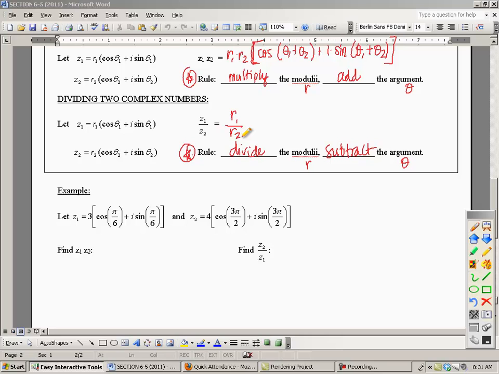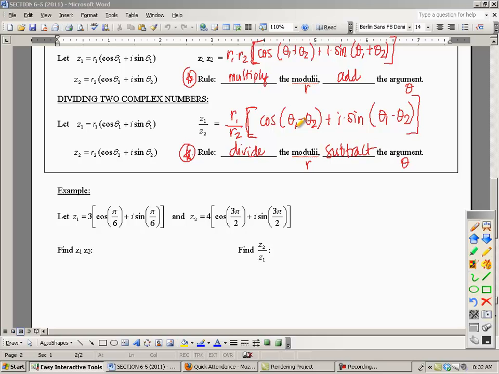R1 divided by R2, brackets again, sorry, cosine of theta 1 minus theta 2 plus I times the sine of theta 1 minus theta 2, and we close our brackets. Now again, take a look at the order. If Z1 comes first, then R1's on top, and theta 1 comes first. So please be careful because sometimes we're going to switch the order on you.